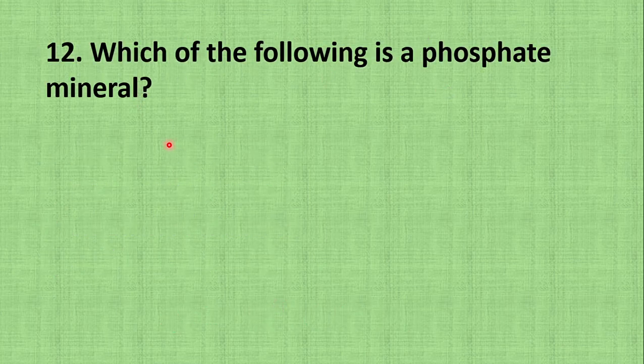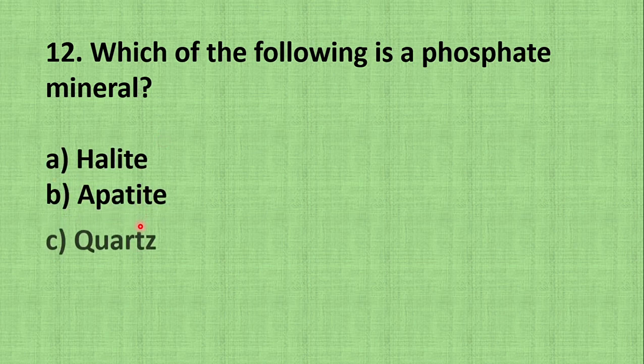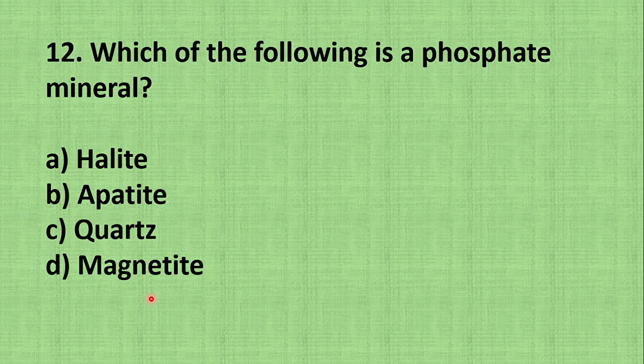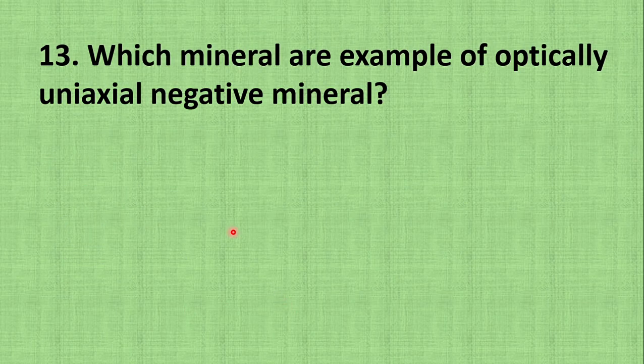Okay. Which of the following is a phosphate mineral? Halite, apatite, quartz, magnetite. So which one is correct? Correct answer is apatite. Apatite is a phosphate mineral. Which minerals are examples of optical uniaxial negative minerals?